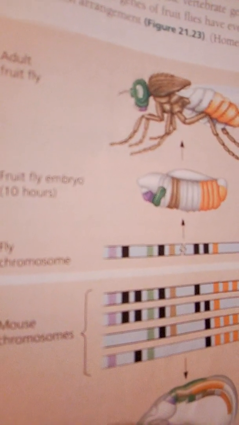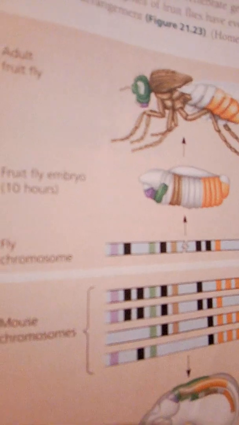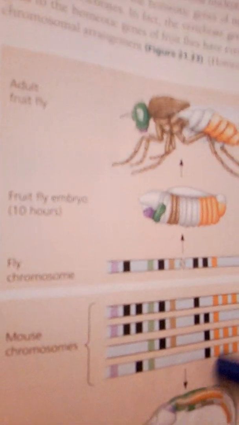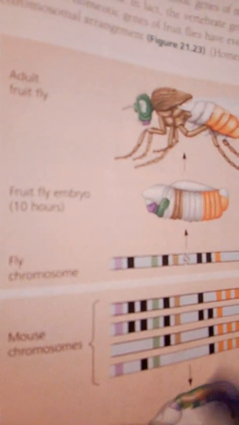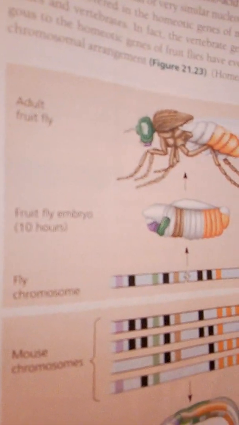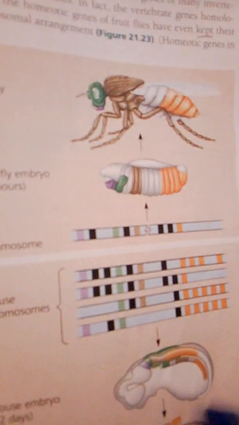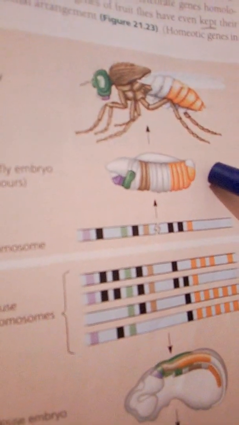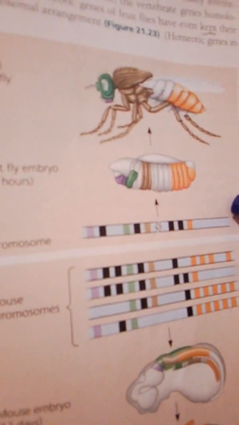Now, on to conservation of homeotic genes in a fruit fly and a mouse. Homeotic genes control the form of anterior and posterior structures of the body, and occur in the same linear sequence on a chromosome in Drosophila and mice. Each colored band on the chromosome shown here represents a homeotic gene. In fruit flies, all homeotic genes are found on one chromosome.